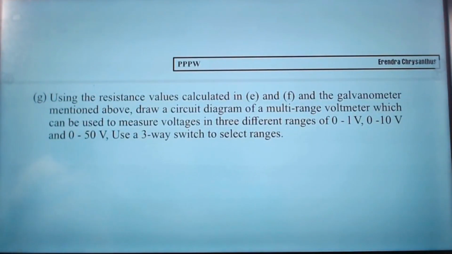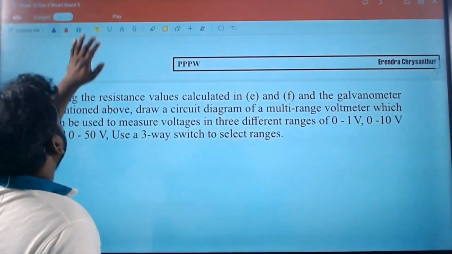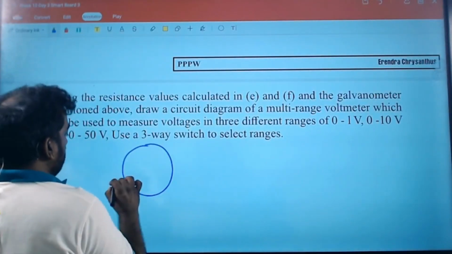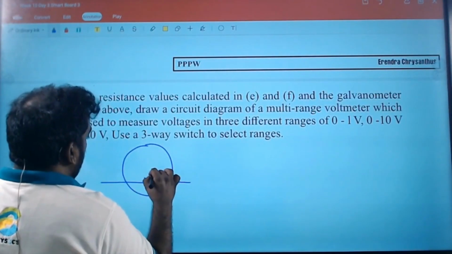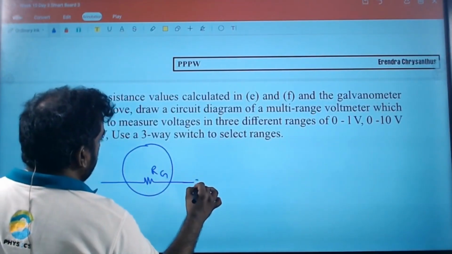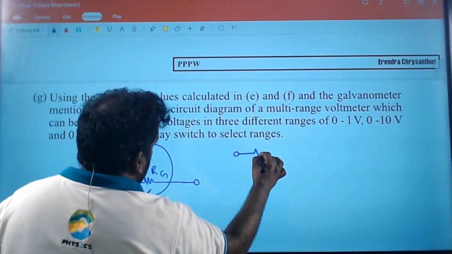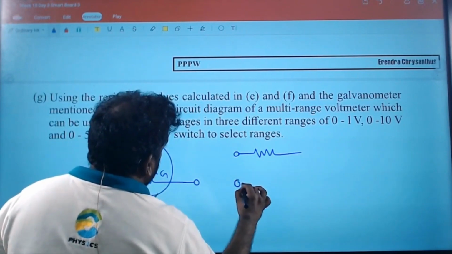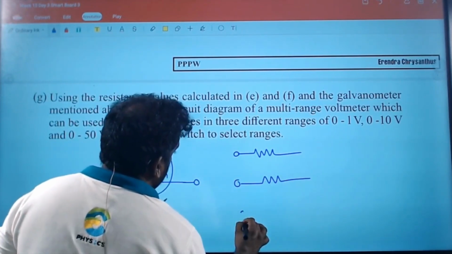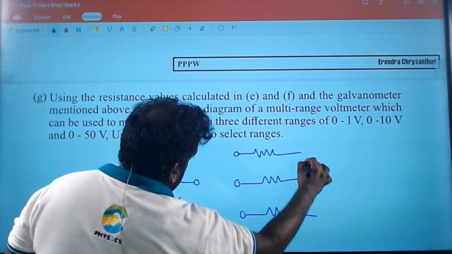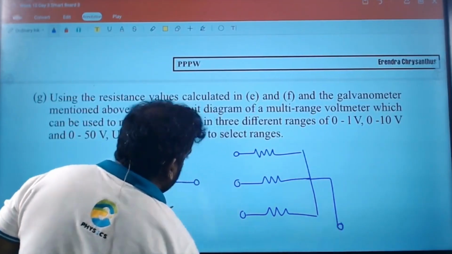Using the resistance value calculator, draw a circuit with a multi-range voltmeter. So actually you can do this. RG you can mark. Here you can put resistors. Now you can select.